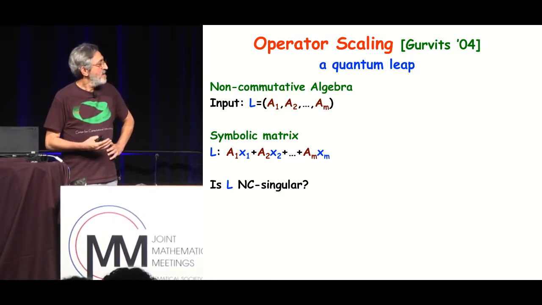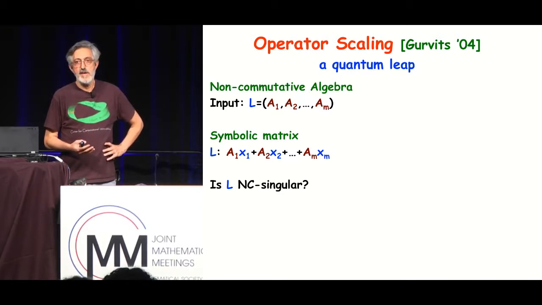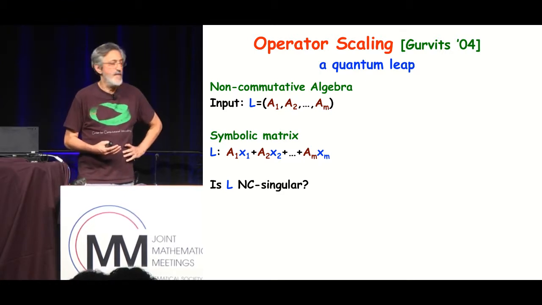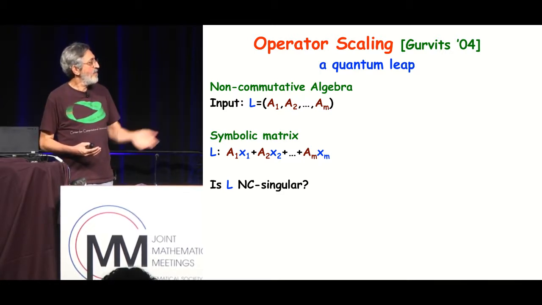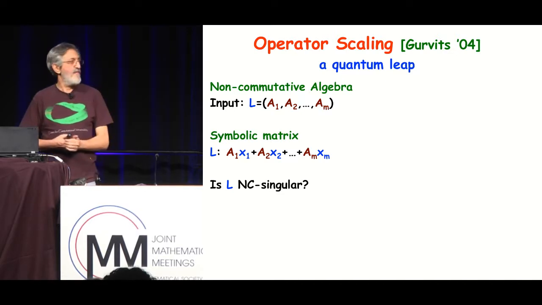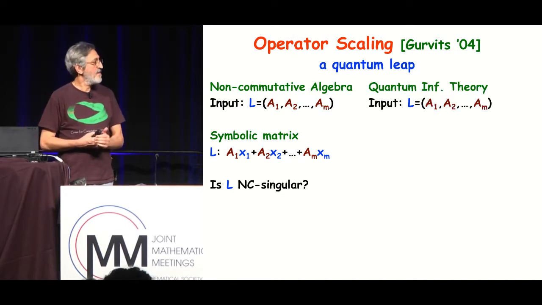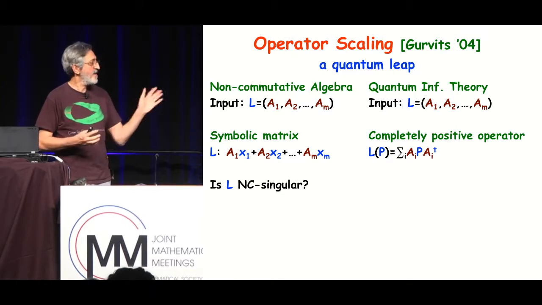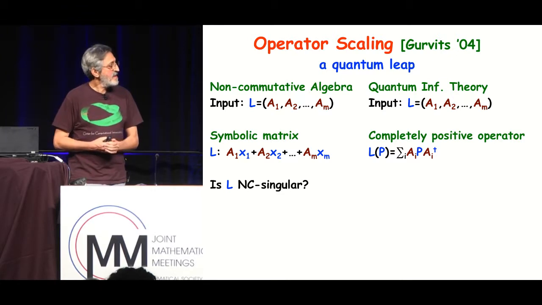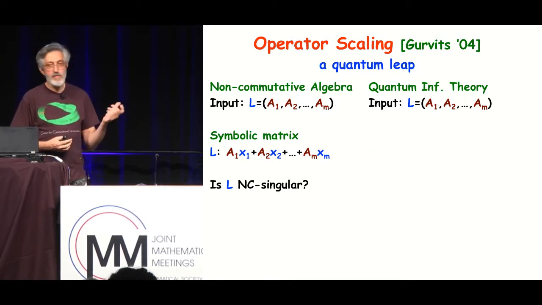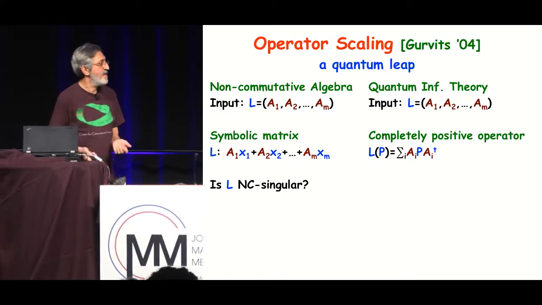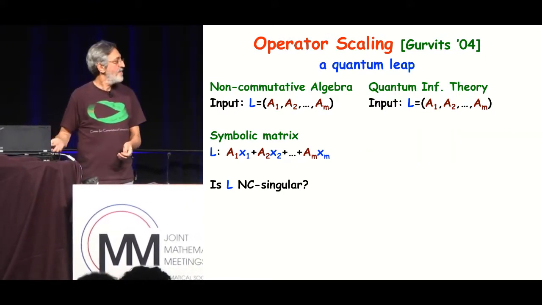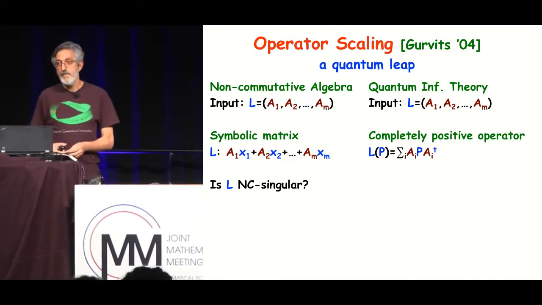which brings about one of the ways in which symbolic matrices arise in other fields, in this case in quantum information theory. So we started with a problem in algebra. We have this input, which is a tuple of matrices, and we want to know whether the symbolic matrix is singular or not over the non-commutative field, whatever it is. And what Gurwitz did is view the same input in a completely different way. It's still a tuple of matrices, but it can be viewed as a completely positive operator.